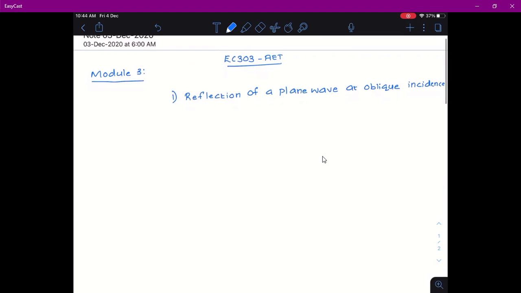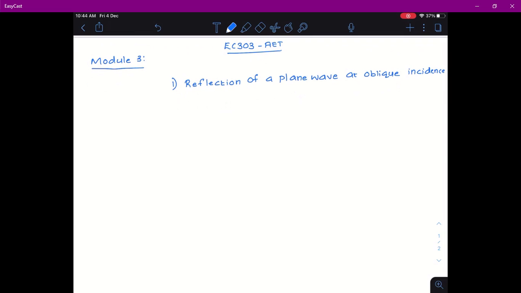So before we go into the details, we need to generalize some more things. We have said in our previous lectures that the wave will be traveling in, let's say, the Z direction, and E and H will be perpendicular to each other. Now we are going to generalize the direction of propagation of a wave.